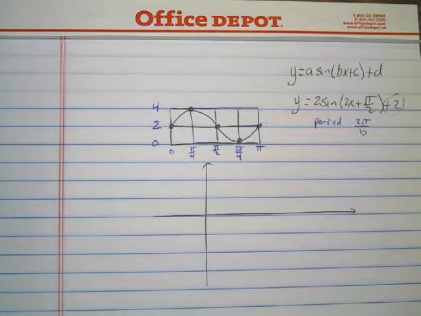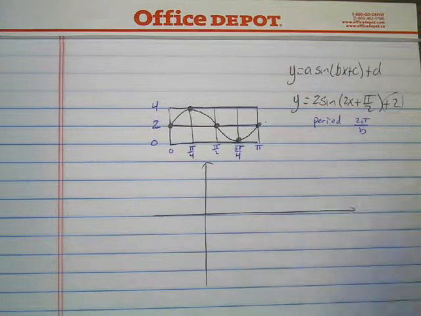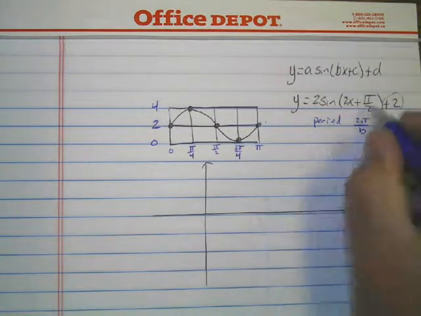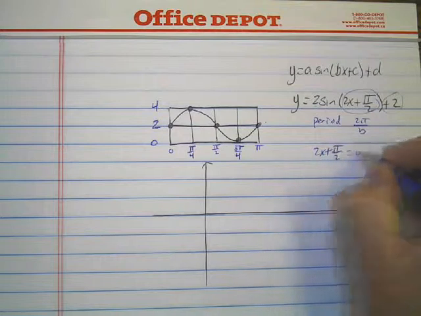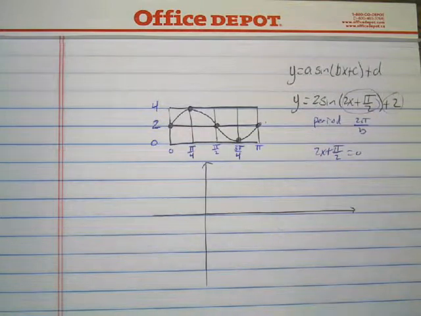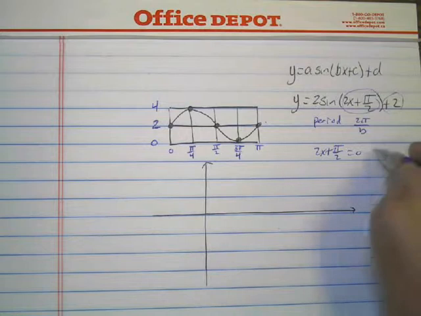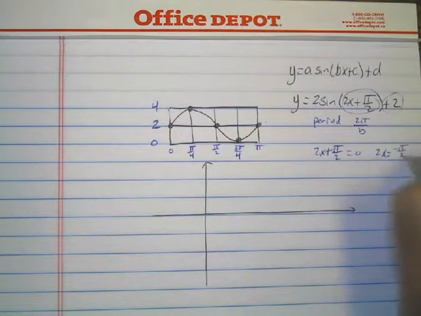And finally we have our horizontal shift, which is found by taking what's inside here, 2x plus pi over 2, and setting it equal to 0, and solving for x. So we would get 2x equals negative pi over 2, so x is equal to negative pi over 4.